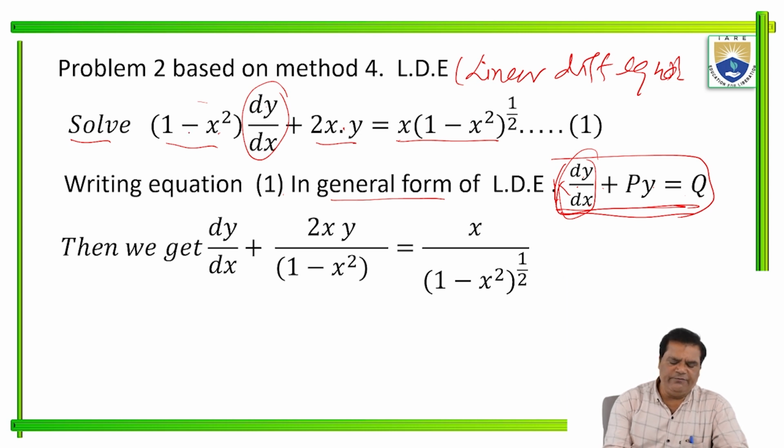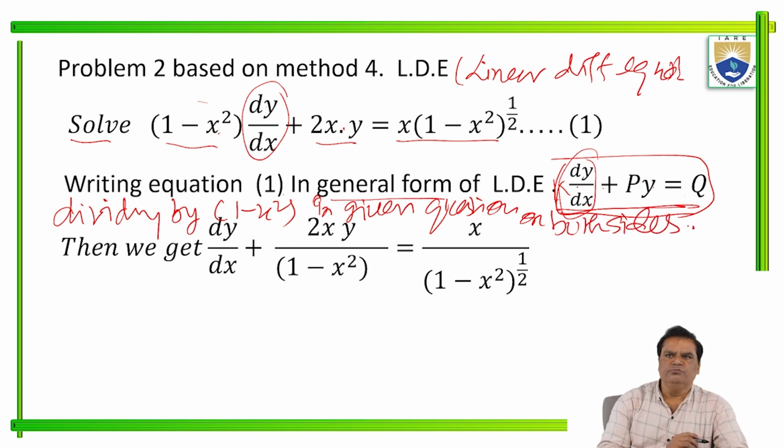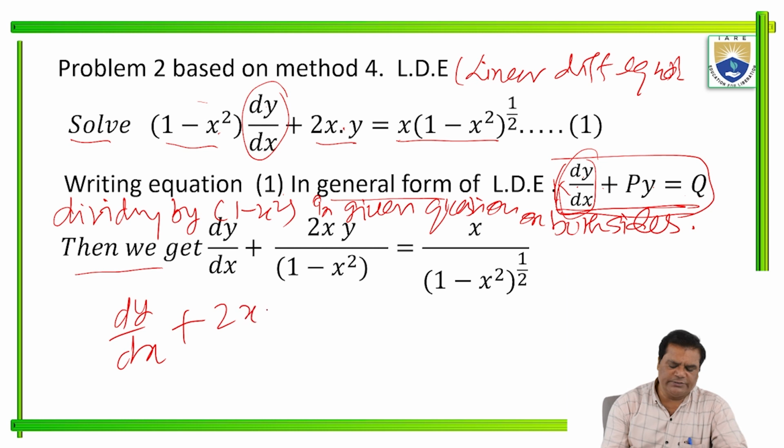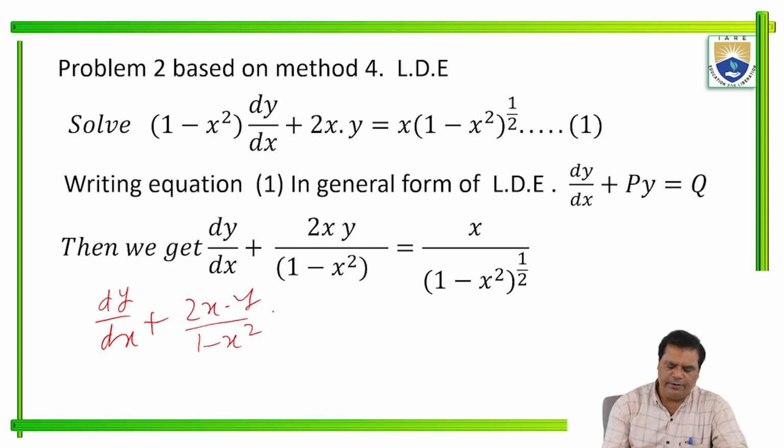Then dividing by 1 minus x square on both sides of the given question, we get dy/dx plus 2x into y upon 1 minus x square equal to x into (1 minus x square) to the power half upon 1 minus x square.